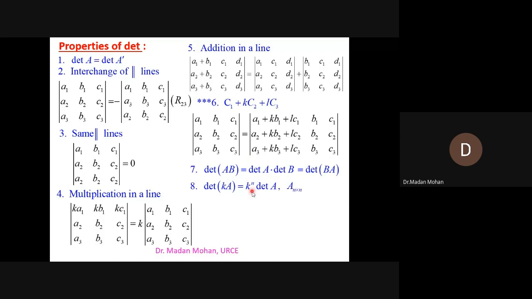So K power n times det A, please. Det KA is K power n det A, not K into det A, please, where A is of order n. Okay.